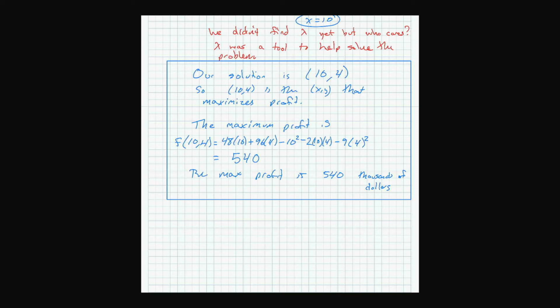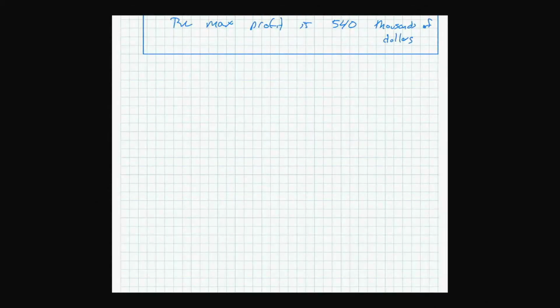Okay, so what if you have 2 constraints? If you have 2 constraints, then it's the exact same thing, but there's an extra equation. So let's write it. Let me scroll to where it is. Okay, so Lagrange multipliers with 2 constraints.